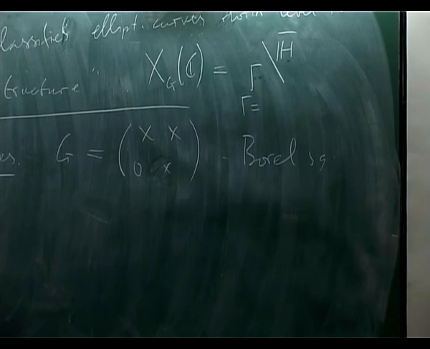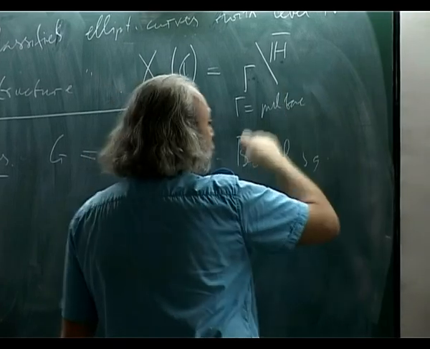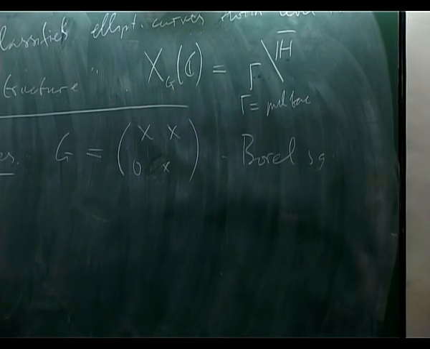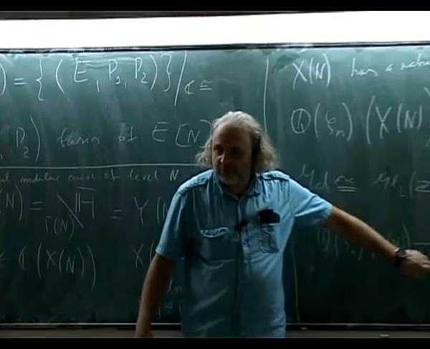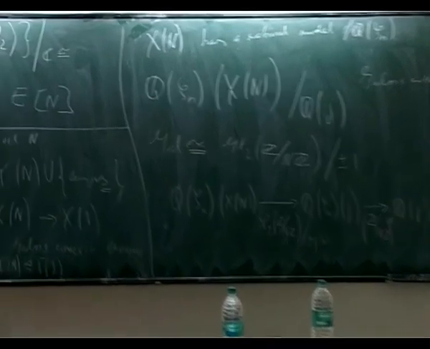That pullback. So not the whole G. We can pull back only the part of G which is of determinant 1, to SL2. That's it.